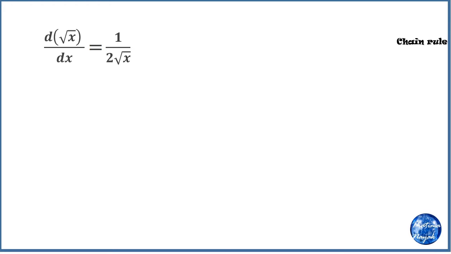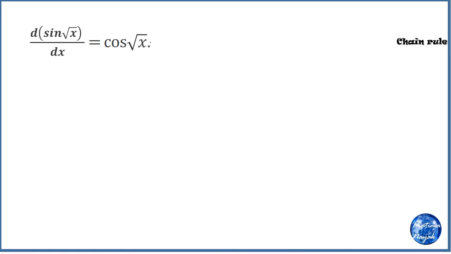We can use here x to the power half. It will be 1 by 2 root x. Now if it is sine of under root x, then the outer function will be sine and the inner function will be under root x. So it will be cos of under root x multiplied by the derivative of root x.